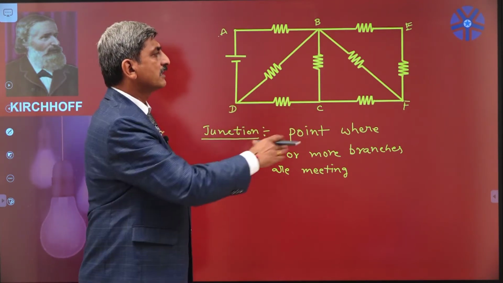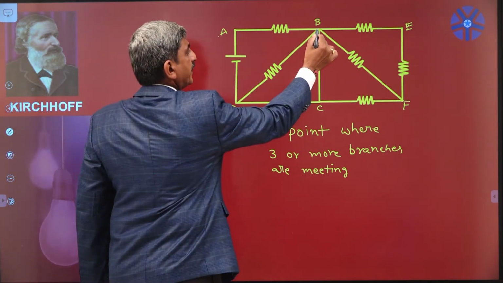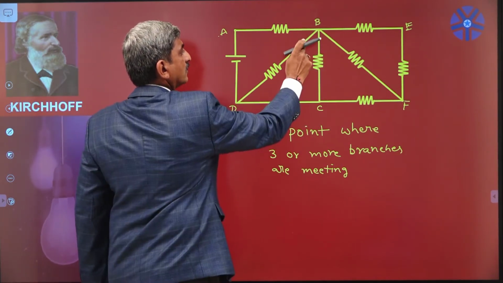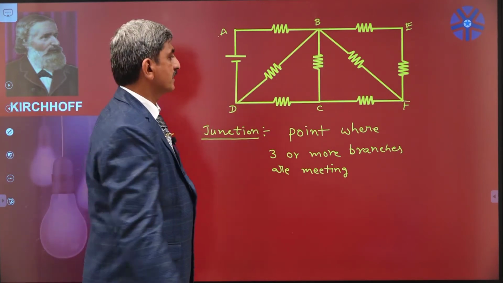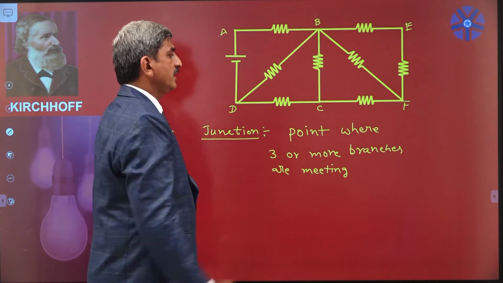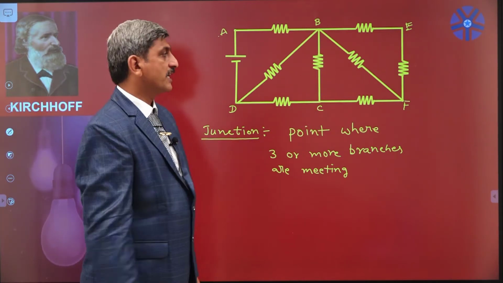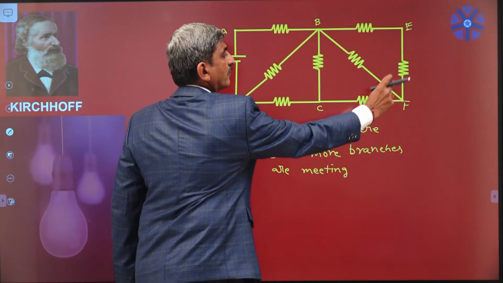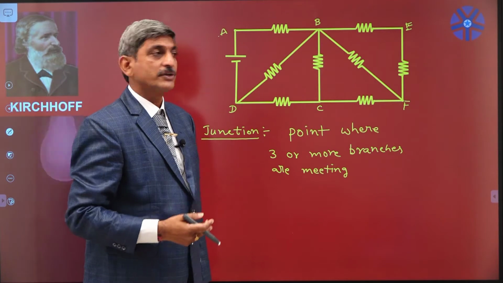See, in this network, let us identify the junctions. At point B, 1, 2, 3, 4, 5 are meeting, so B is a junction. At point C, 1, 2, 3 are meeting, so C is a junction. At point F, 1, 2, 3 are meeting, so F is also a junction.